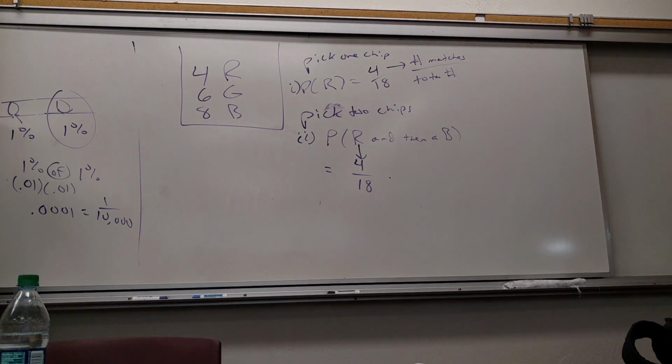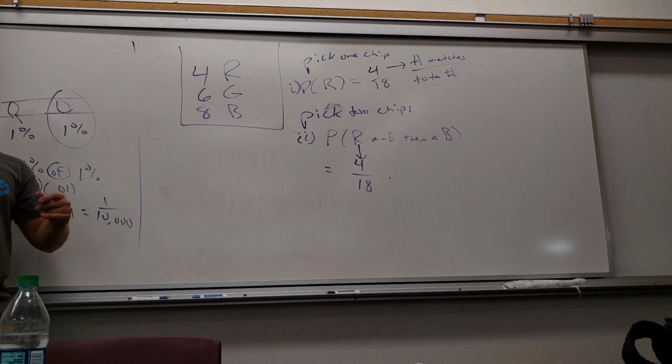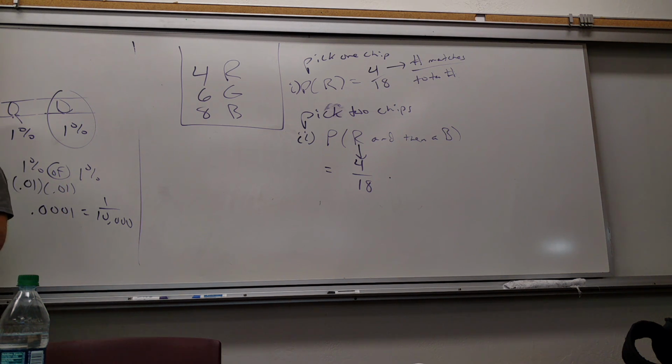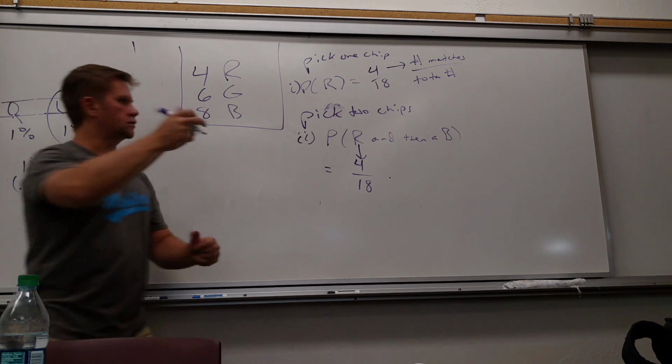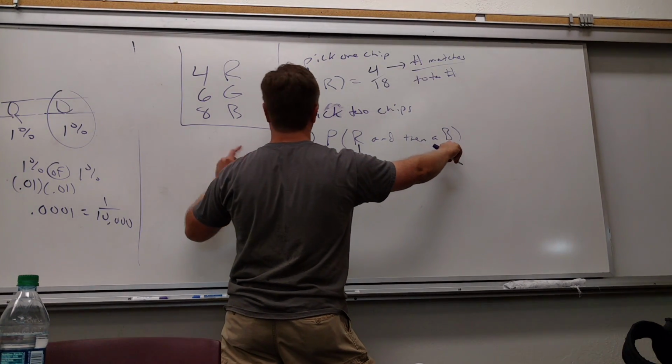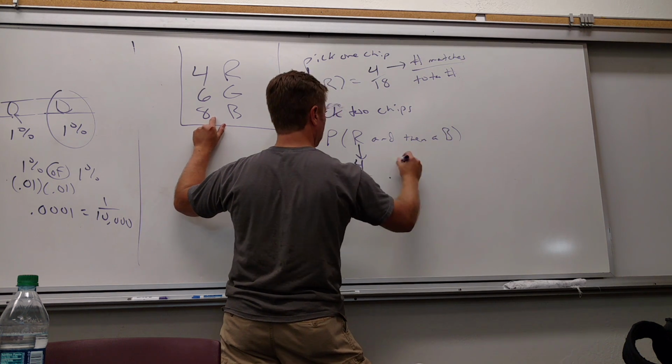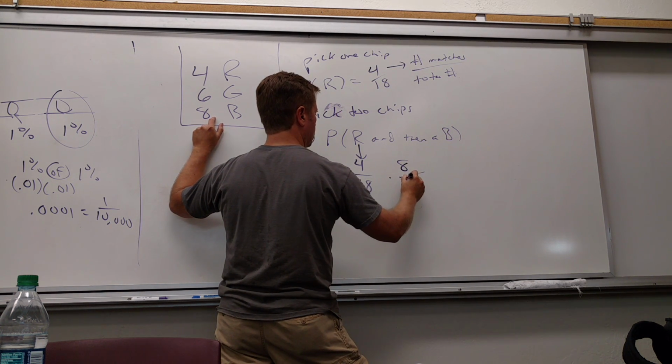I feed that one to my little brother. Or I guess he just gulps it. I don't think his teeth are that strong. Yeah, careful now. What just happened? I fed a chip to my little brother. So when I go to reach in for the next pick, how many chips are in my bag? 17. 1 less chip. Right? So it's going to be how many are blue? 8 are blue. Out of how many total chips now? 17.